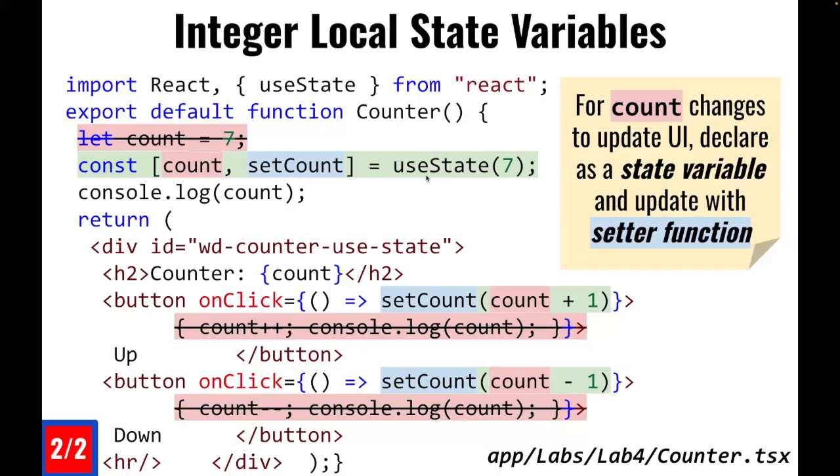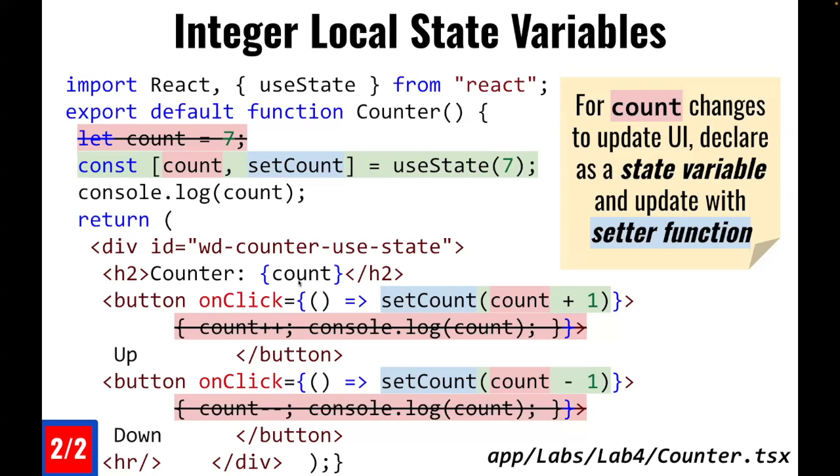The first item is the current value of the state variable, which as its initial value is 7. So my constant here gets the value 7, and I can treat it like I was treating my original variable. It doesn't change. So count, I can use it everywhere else, and display it here just like any other variable.